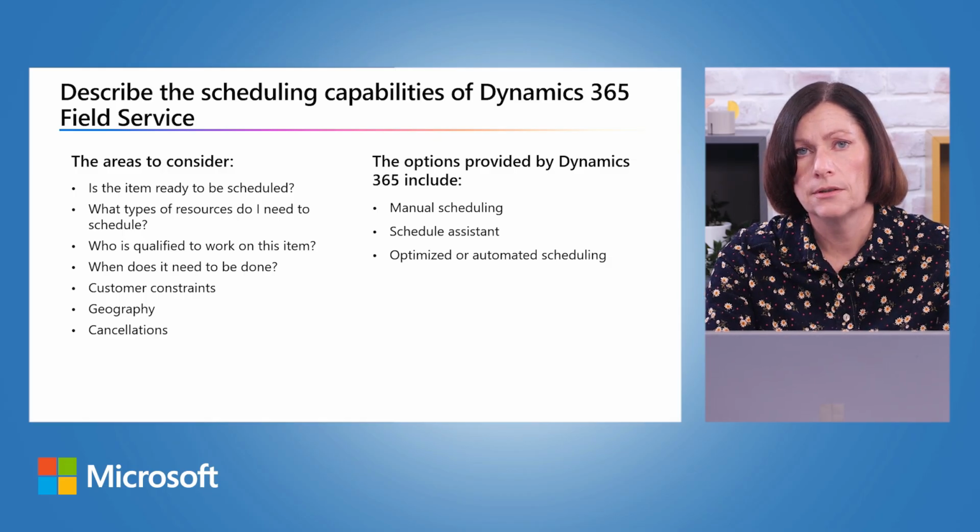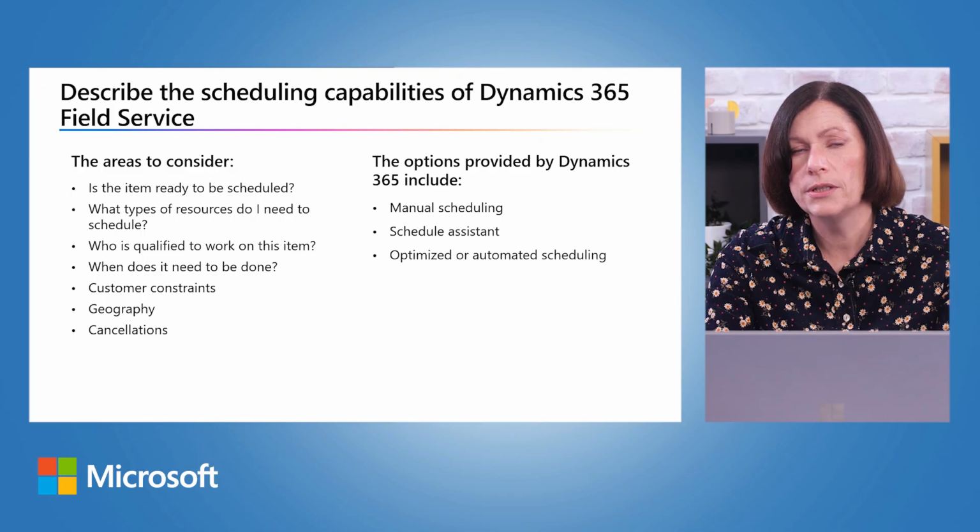Customer constraints. Is there anything at a customer level that could influence my decision as to which resource to schedule? For example, are there resources the customers would prefer or not prefer to work with? Geography. Where is the work taking place and what qualified resources do I have in that area that meet those requirements?